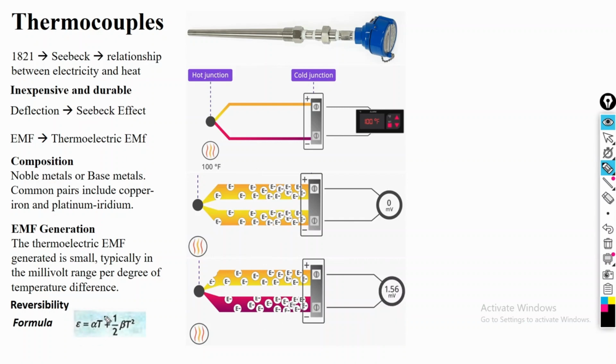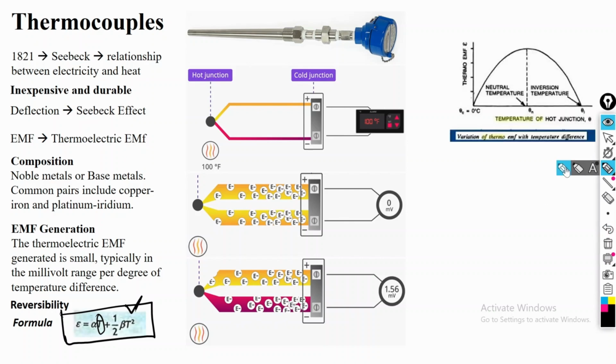Seebeck presented the relationship between the thermoelectric EMF and the temperature T through this formula. Here is the temperature and this is the thermoelectric EMF. If we increase the temperature of the hot junction, more push will be exerted on these electrons, and due to which the thermoelectric EMF will be more.